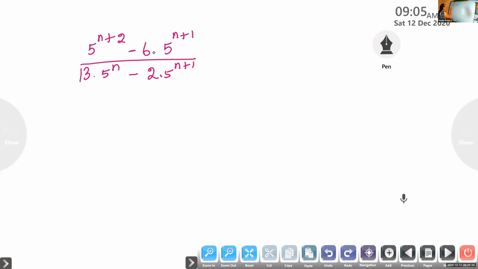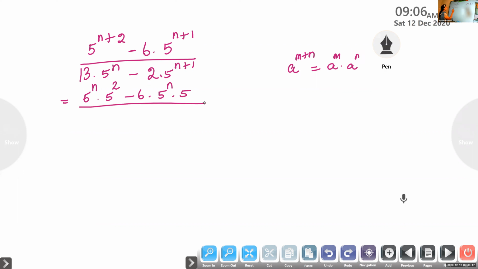How to do this? What is the rule we have learned? What is a raised to m plus n? A raised to m plus n is a raised to m into a raised to n. So you split the terms here. 5 raised to n plus 2 we can write as 5 raised to n into 5 square, minus 6 into 5 raised to n into 5, by 13 into 5 raised to n minus 2 into 5 raised to n into 5.